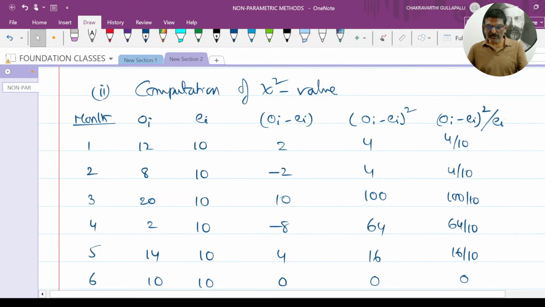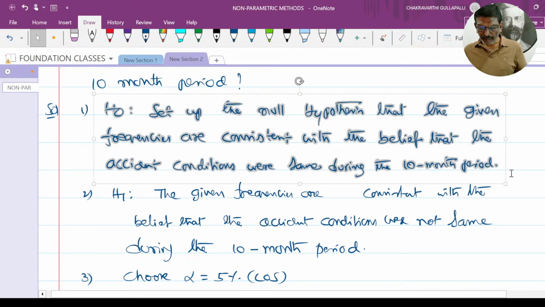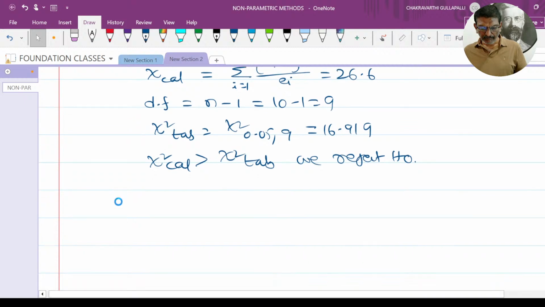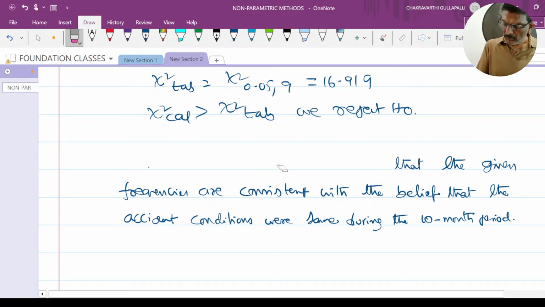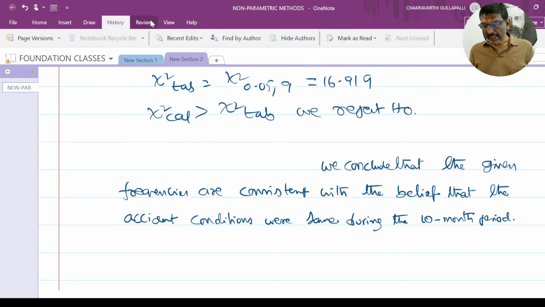We conclude that the given frequencies are consistent with the belief that the accident conditions were the same during the 10-month period. This is the conclusion.